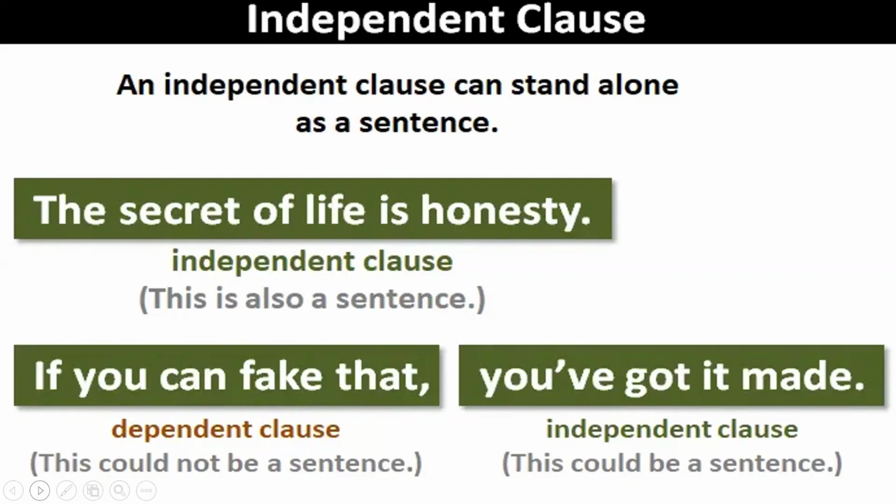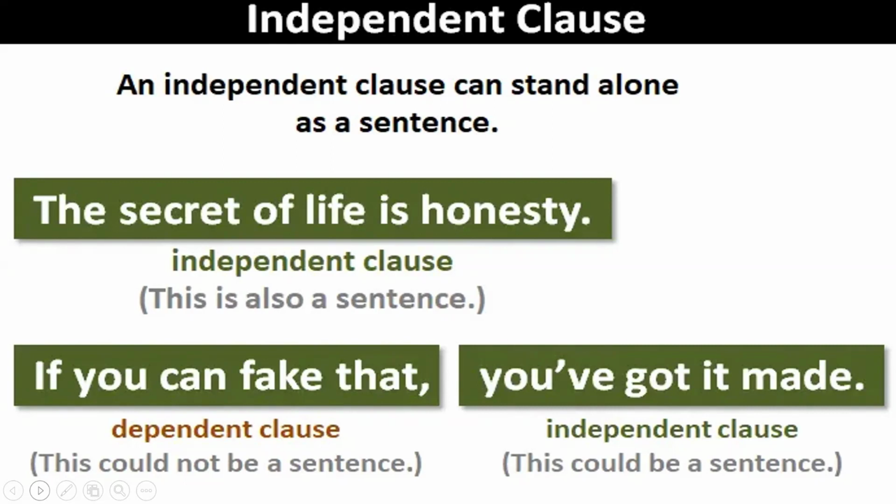This is also a sentence. Now, consider the sentence: if you can fake that, you have got it made. In this case, you have got it made is a principal clause, main clause, independent clause, because it could be a sentence. Now, if you can fake that does not give a complete meaning; it does not make sense.